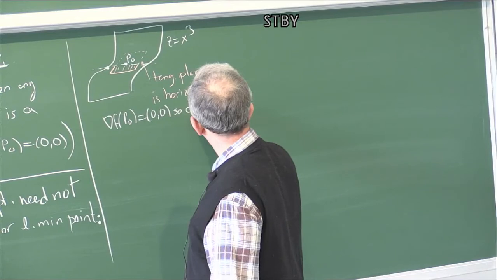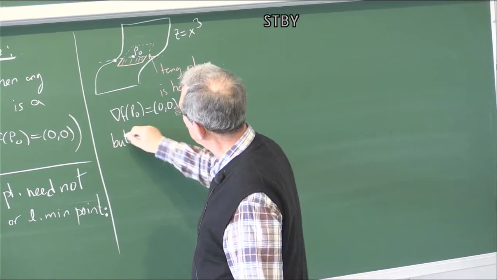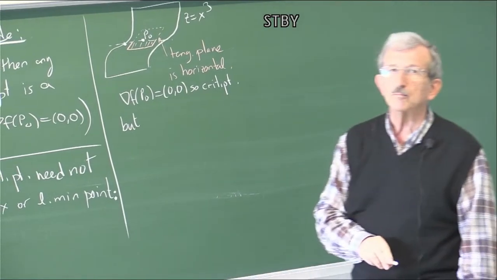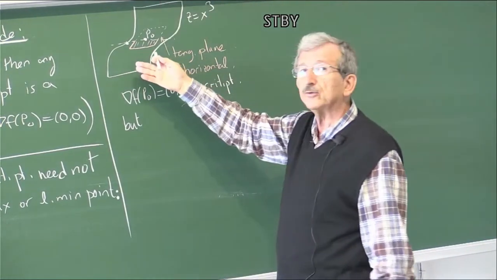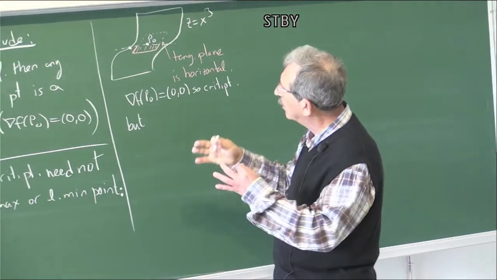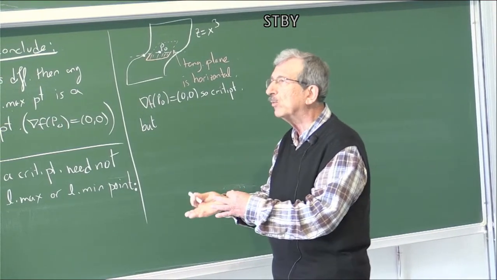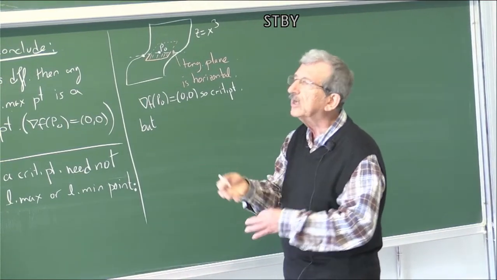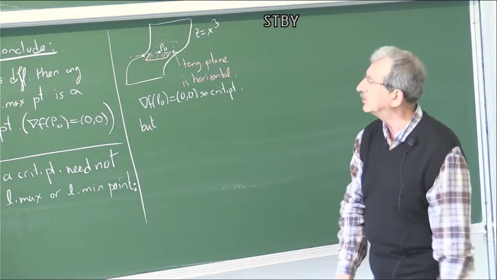So it is a critical point. But it is not a local maximum or minimum, because there are higher values and lower values very near P0. However small you consider your points around P0, there will always be bigger and smaller values, just like y equals x cubed in two variables.